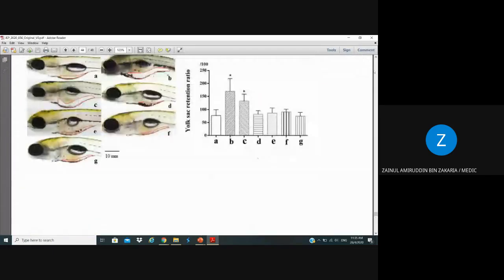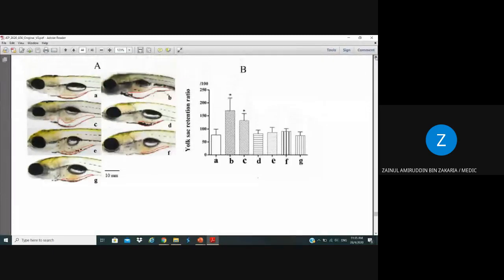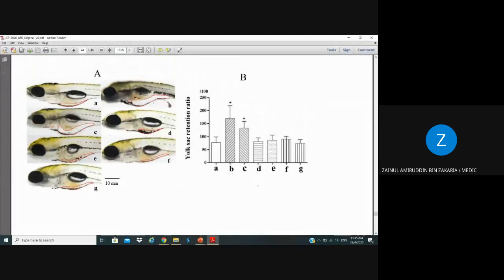So this is an example of the zebra fish model. If you give the compound, you can see the liver of the zebra fish start to swell. What is this?